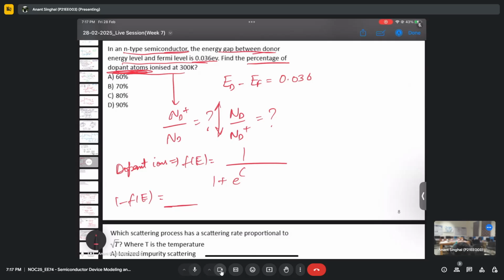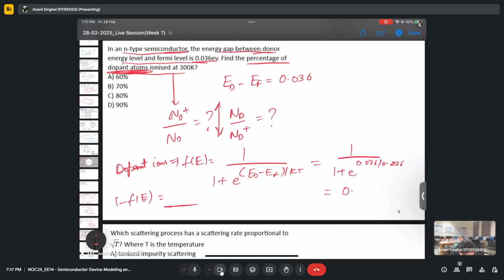So Fe will be ED minus EF over kT. So it will be 1 upon 1 plus exponential of 0.036 over 0.026. Let's see what it is coming out to be.